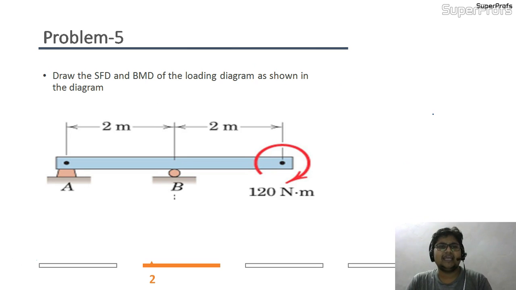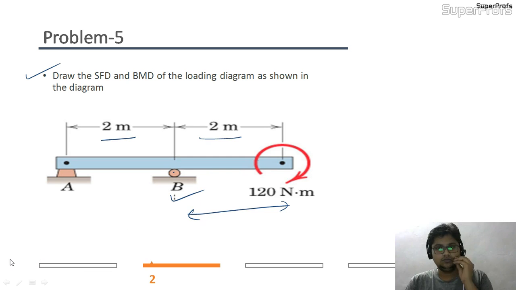Now coming on to the next problem, with mathematical expressions. I have taken values so that you will be very thorough with the concept. Here you can see that it is a type of overhang beam, because there is an extended portion of the beam after one support. So this is the overhang beam.